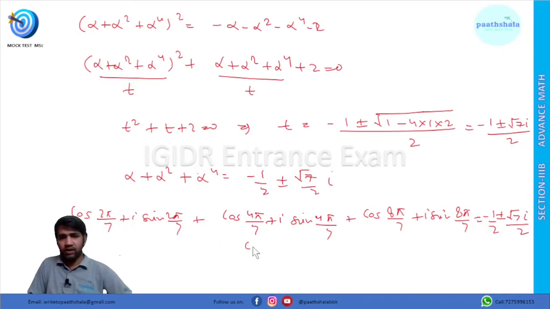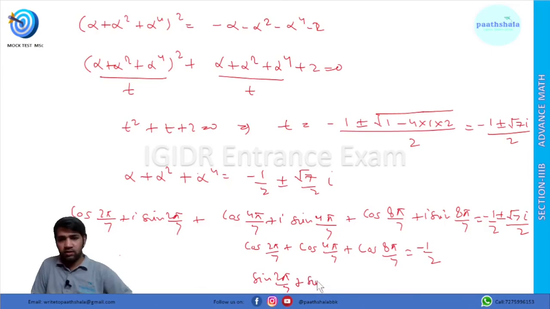So we will get cos 2 pi by 7 plus cos 4 pi by 7 plus cos 8 pi by 7, which is equals to minus half, and sine 2 pi by 7 plus sine 4 pi by 7 plus sine 8 pi by 7, which is equals to root 7 by 2. So this value was y and this value was x.